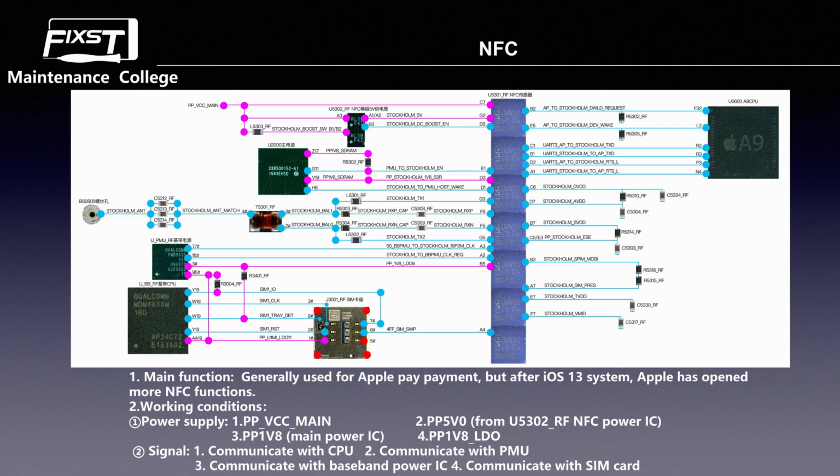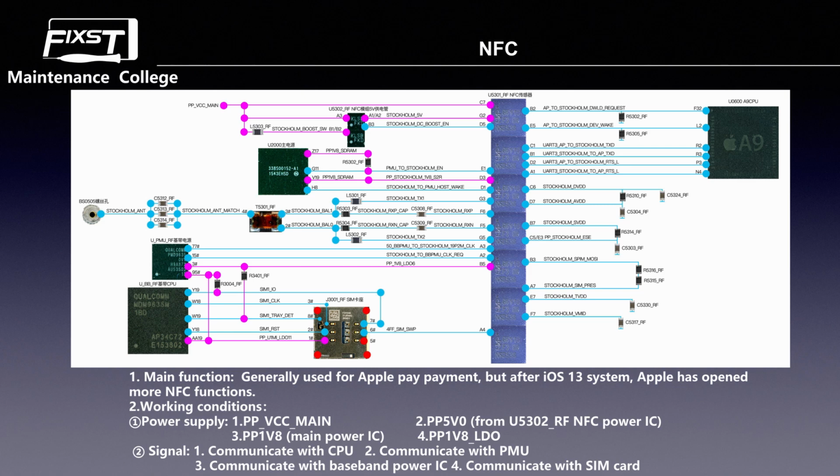As you can see, the power sent to U5302, the RF NFC power IC, passes through an inductor, L5303. This is a booster inductor, and the NFC power IC U5302 is a booster IC.